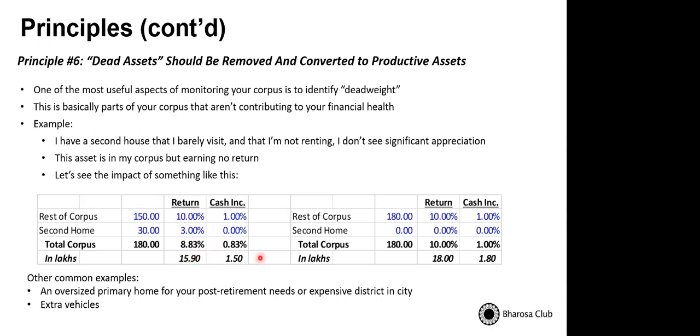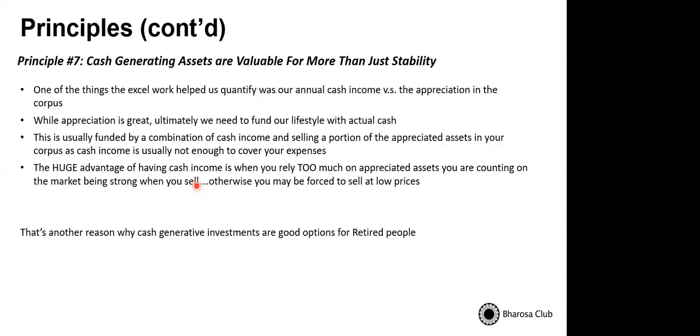And if I just reinvested that 30 lakhs, I would be generating a 1.2% higher annual return, and I'd be getting another 30,000 rupees more in cash income under these assumptions. So identifying dead assets is really, really important in your corpus. It can allow you to really improve the finances of your portfolio. So that's one of the key things that we do with our corpus analysis.